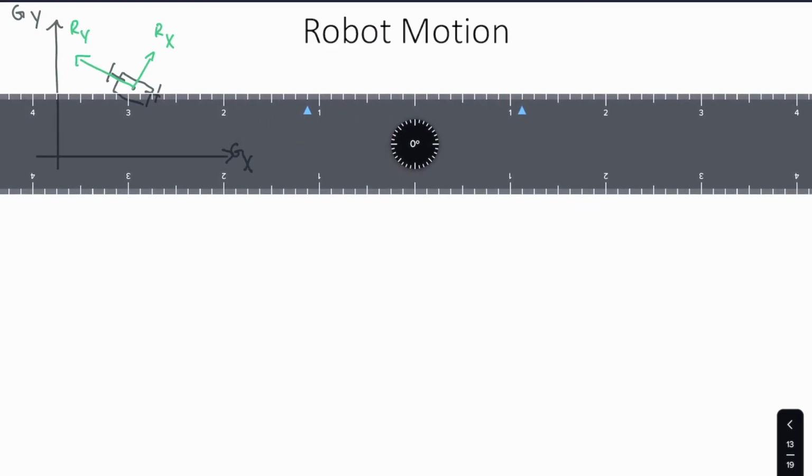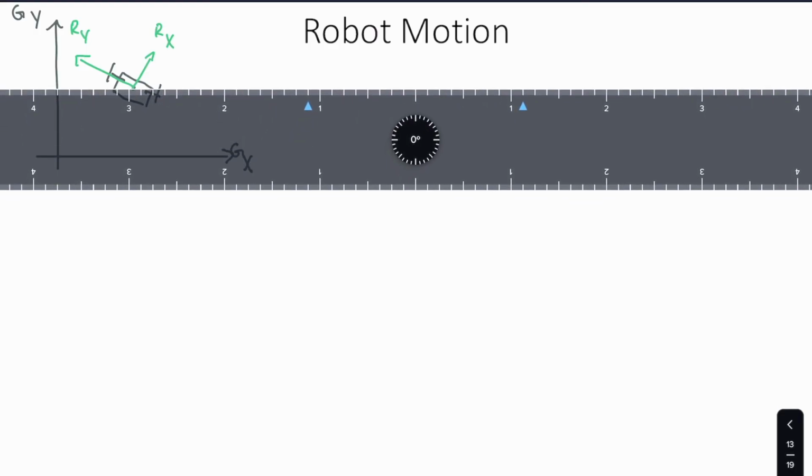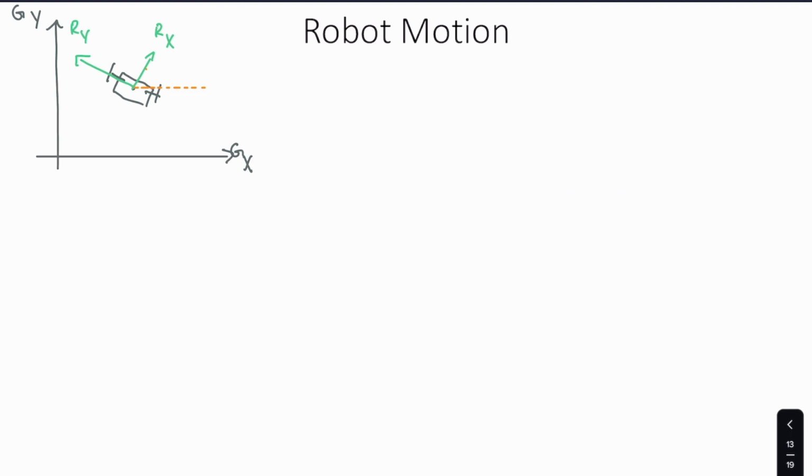And let's add a horizontal line that'll help us indicate the rotation angle, going from X in the G frame to X in the R frame. And we'll call that angle theta.